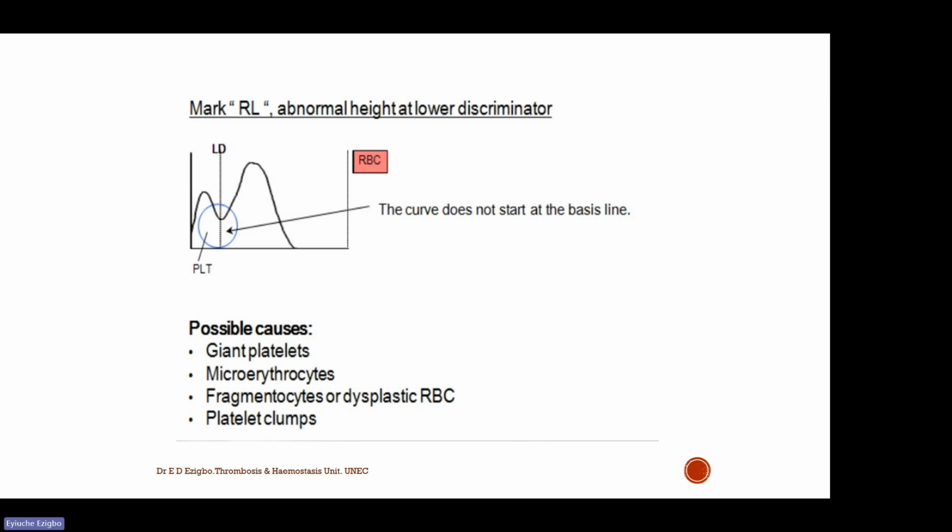You can see the two peaks here. What are some of the possible causes? They said there will be presence of giant platelets, microerythrocytes, fragmentocytes or dysplastic RBC, platelet clumps. These are the things that can cause the RBC histogram to have this bimodal look.